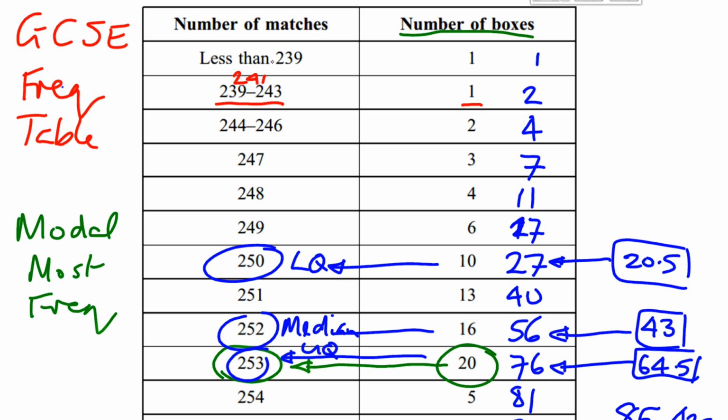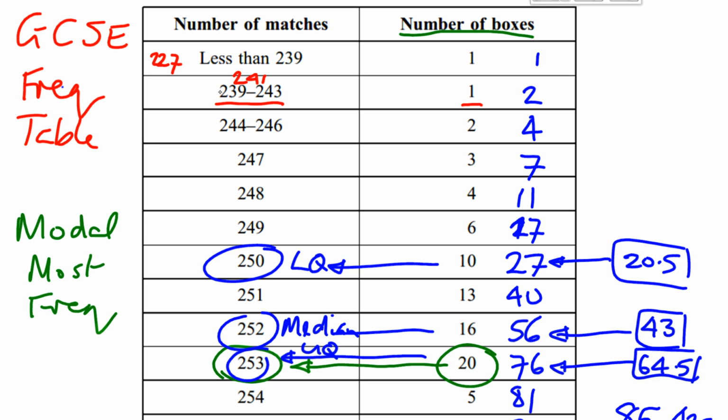Let's look at this first one, less than 239. We'd have a real problem placing it, because that's a very wide range. It could be between 0 and 239, but they actually told us in the question, so check the question for this: the lower value is 227, and there's only one value less than 239, so that must be 227.